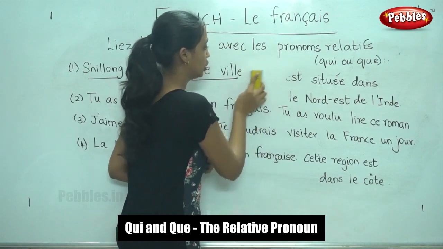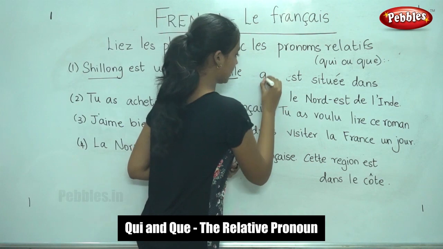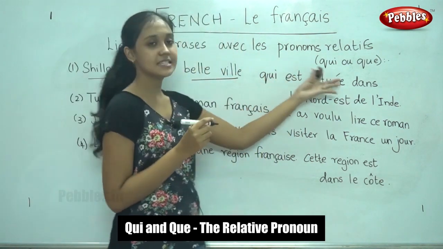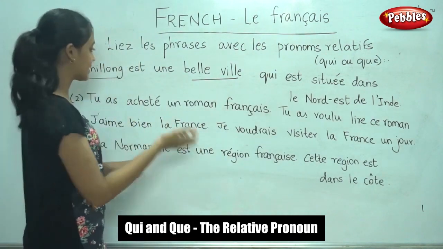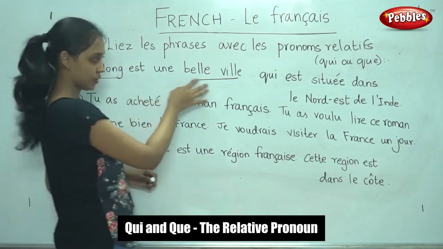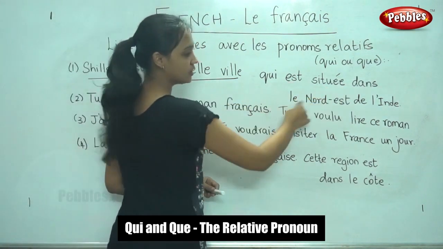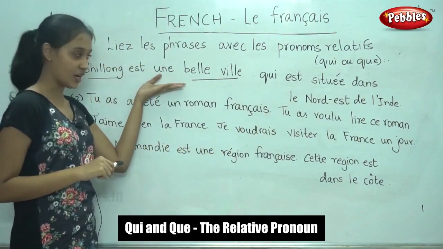So we would write the first sentence as it is, which is situated. So read the sentence and see if it makes sense. Shillong is a beautiful city which is situated in the northeast of India. So our sentence is right.